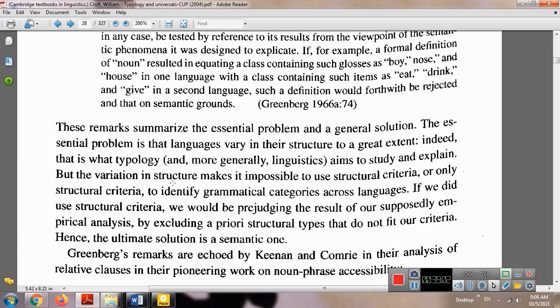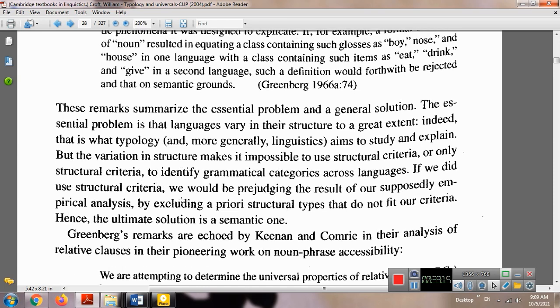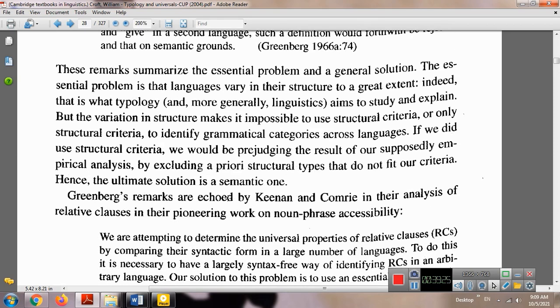But the variation in structure makes it impossible to use structural criteria, or only structural criteria, to identify grammatical categories across languages. If we did use structural criteria, we would be prejudging the result of our supposedly empirical analysis by excluding a priori structural types that do not fit our criteria.